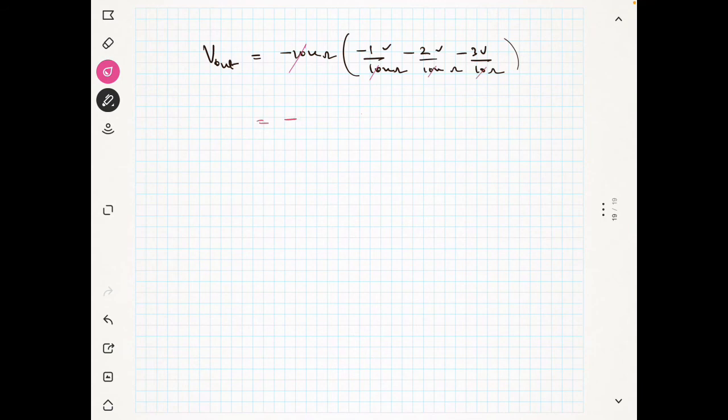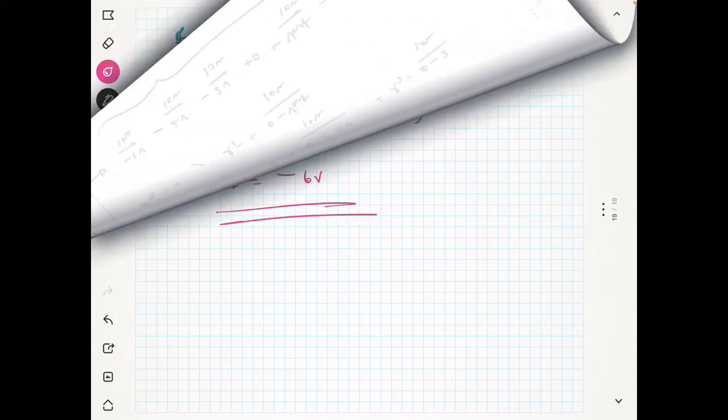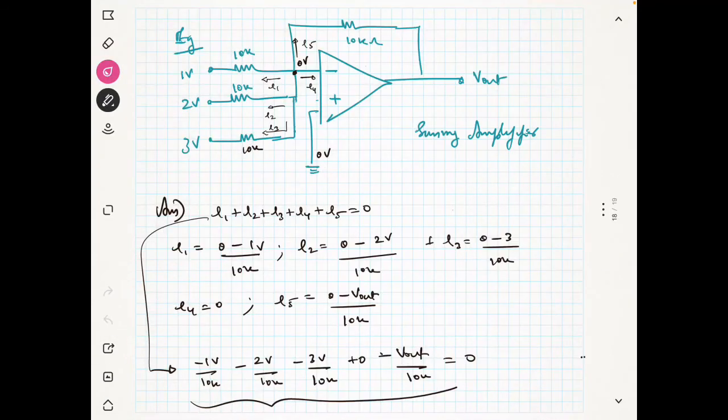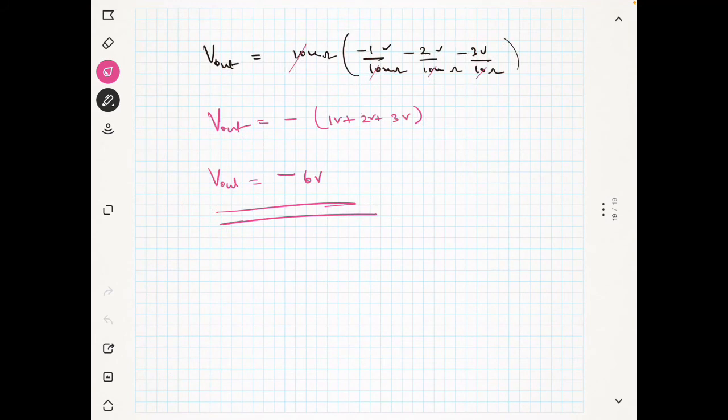So I will get minus of 1 plus 2 plus 3 volt. This is my V out. So my V out is equal to minus 6 volt. So that's how we are getting the output. You are actually adding all this. That's why this is a summing amplifier.